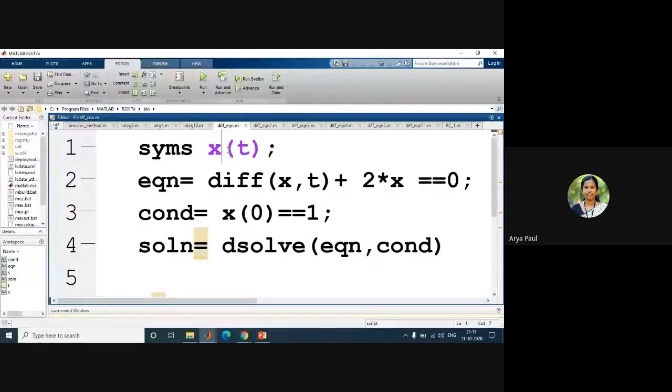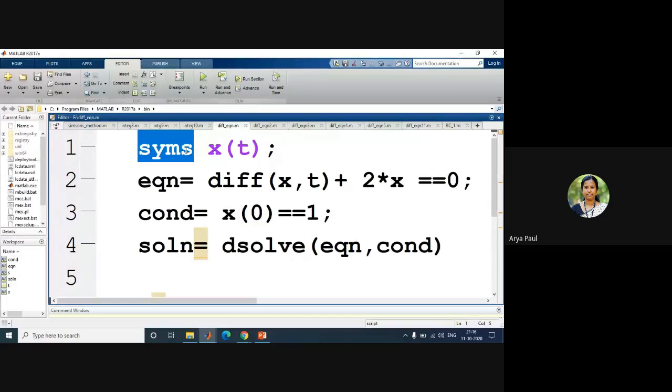So the actual representation of pi is pi, not 3.14. So you will get the exact representation of that particular variable, the exact value of that variable. No approximation is done when you use syms. Syms is a symbolic representation.